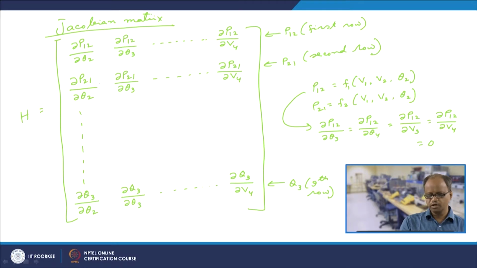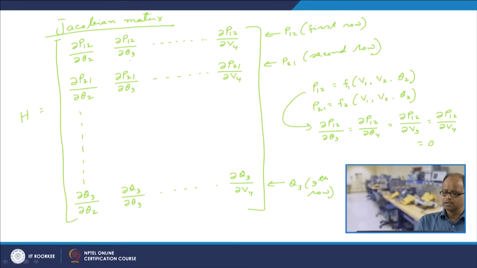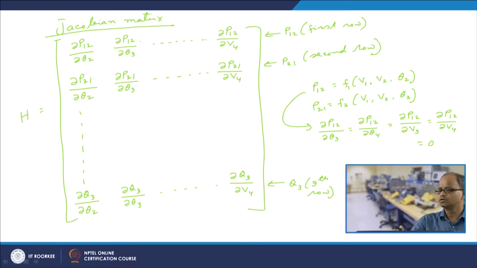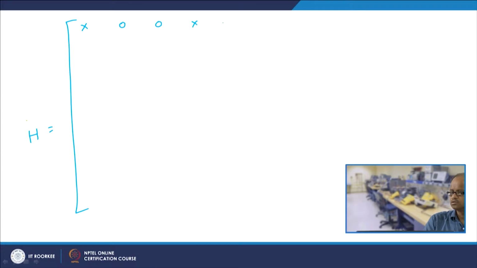Similarly, also for del P21, so we can write down the H matrix something like this. The first row is del P12 by del theta, and it is non-zero, then 0, 0, then non-zero, non-zero, non-zero, then 0, 0.